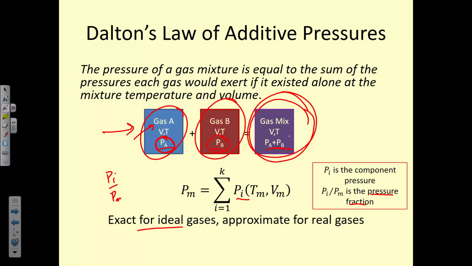Yeah, so you're right. If there's some high pressure gas and a low pressure gas, it's not like they're going to add and it's going to be a higher pressure gas. But we make this assumption that these gases are coming in at the same volume and temperature as the final mixture, and that their pressures will be additive in that case.